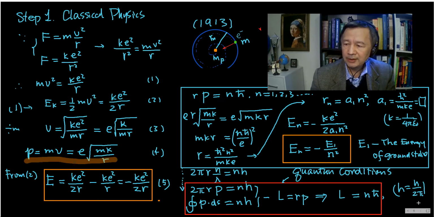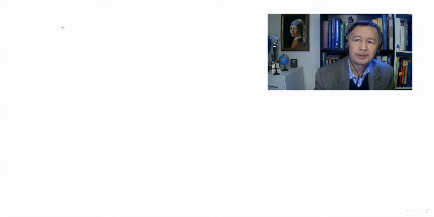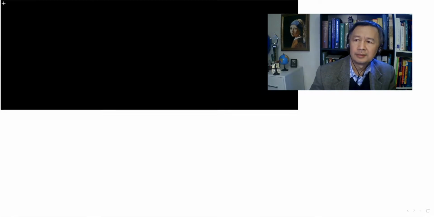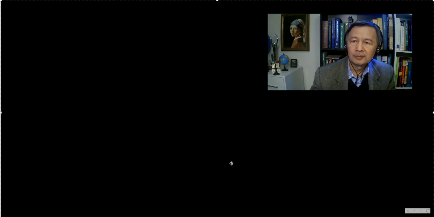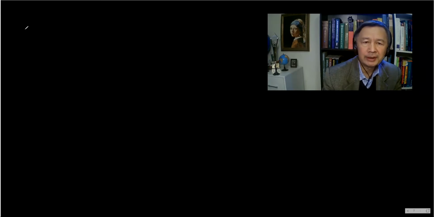So if we just put this together, that's one more page to explain. To summarize what we have obtained, on the one hand, empirically, perhaps we start from the Rydberg's formula, right? 1 over lambda is equal to R multiplied by (1 over m squared minus 1 over n squared).